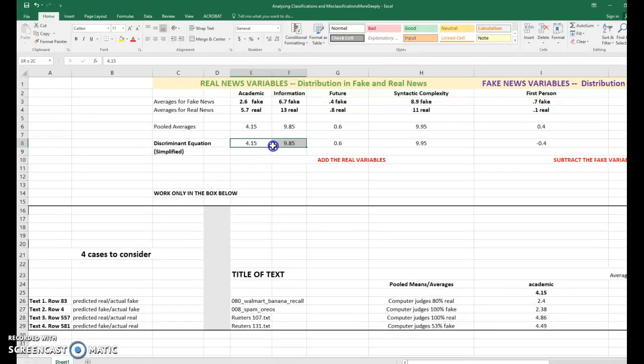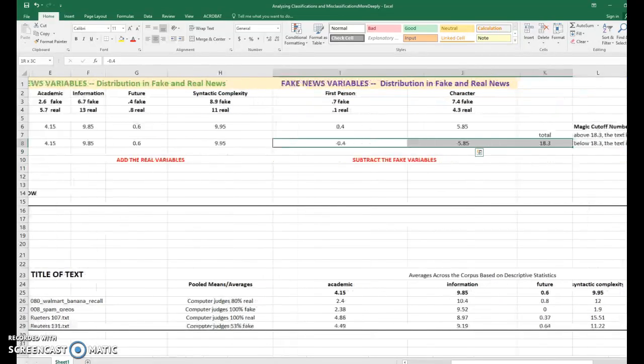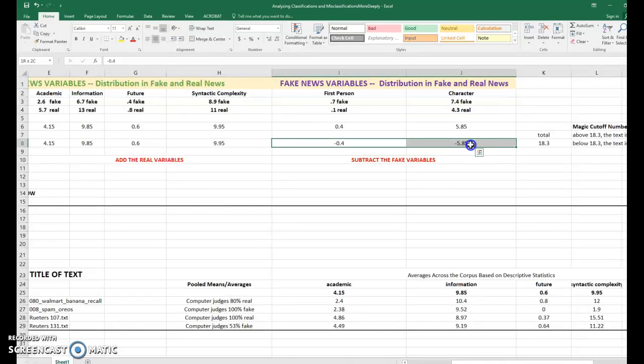So let's assume that we add the average of the real variables here that actually support real news, and subtract the averages for the fake news variables. So we put minus signs. And we're going to get a total.